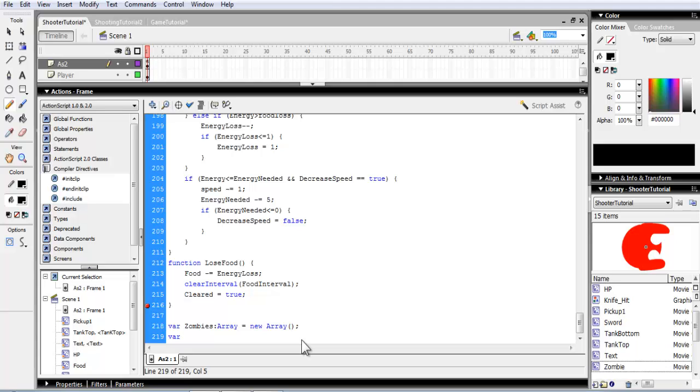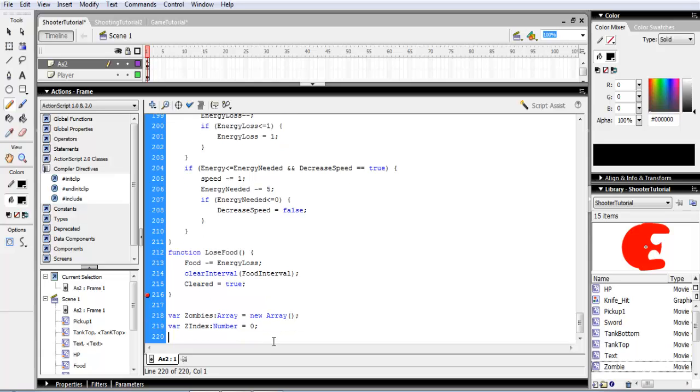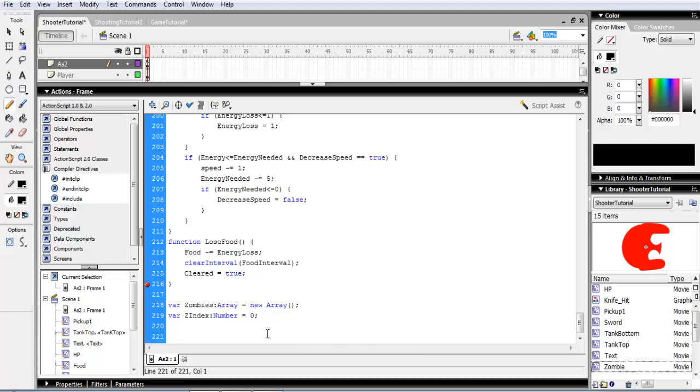Var z index, number, equals 0. So basically this is an array. It stores lots of values. So in this case it's going to store our movie clips.